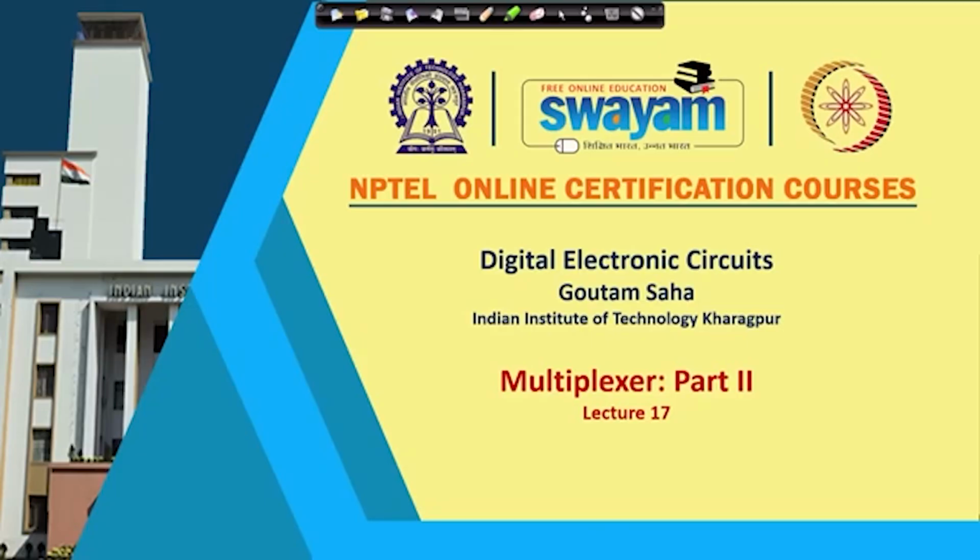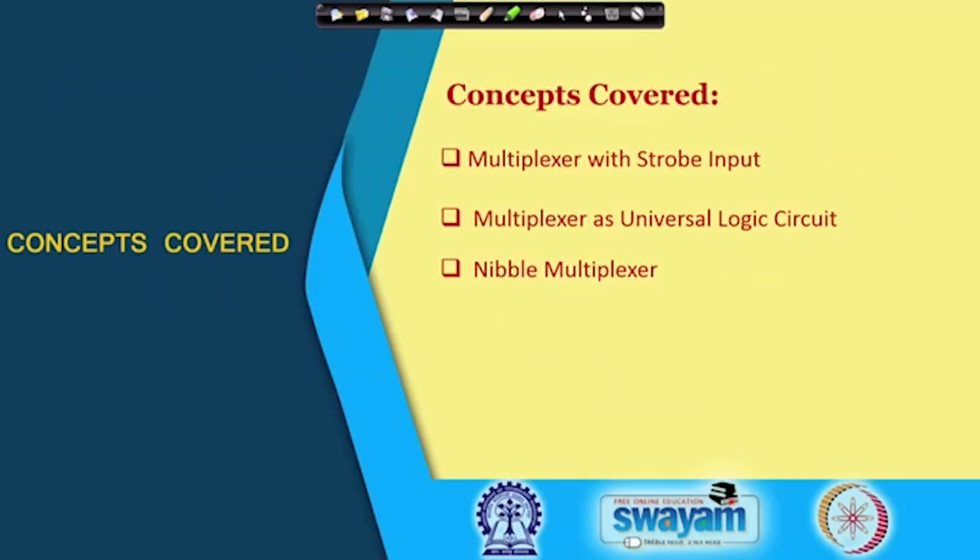Hello everybody, we are in the 17th class and this is where we discuss the multiplexer, second part of the multiplexer. In the last class we had seen the basic concept of multiplexer, and in this particular class we shall look at some practical ICs, integrated circuits, which are used for multiplexing operation, and we shall look into how they are developed and how they work.